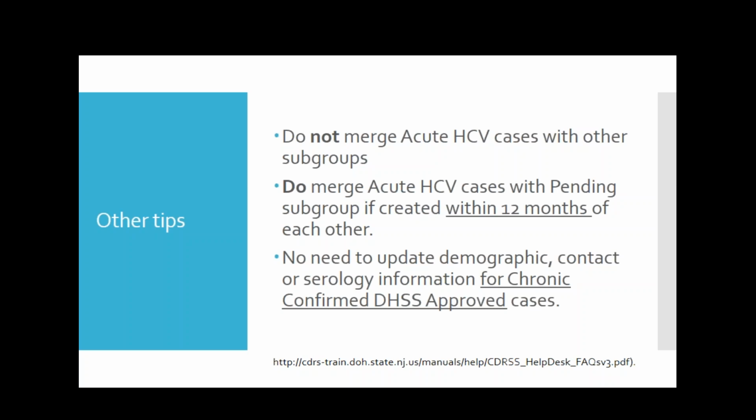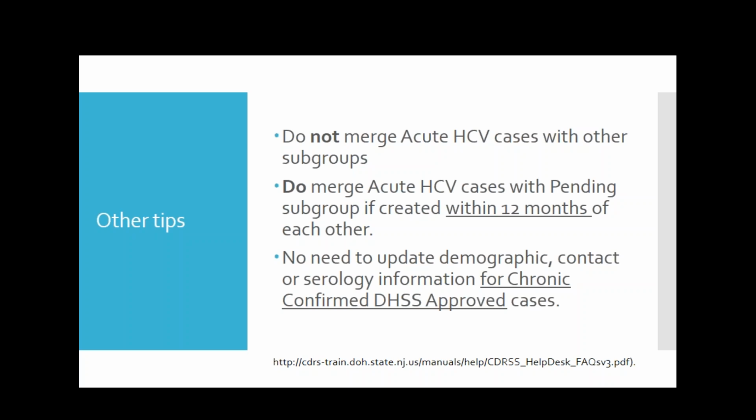So for instance, if a person has an acute HCV case created in 2015, and then that person has a new HCV case created in 2017, please do not merge the new pending case with the old acute case. Rather, create a new chronic case for this person.